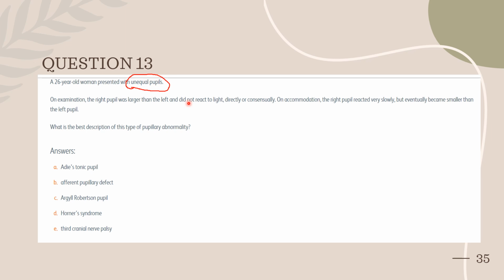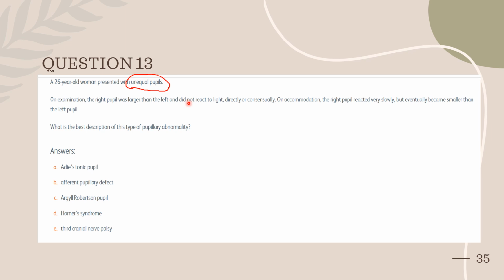That is called relative afferent pupillary defect, or RAPD. RAPD is when there is defect with the afferent pathway, that is your second nerve or optic nerve. So when the optic nerve is not taking the information from the eye, that eye will not constrict by the direct reflex. But for consensual reflex, for example, if the right optic nerve is damaged, it cannot take information to the brain, and that eye cannot constrict by direct reflex.